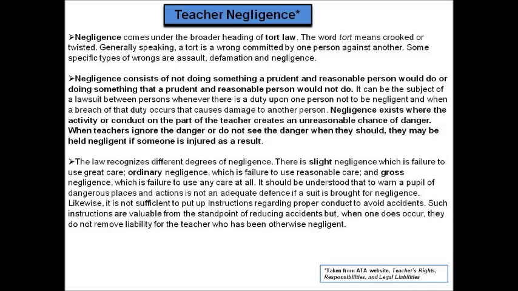It should be understood that to warn a pupil of dangerous places and actions is not an adequate defense if a suit is brought for negligence. All right? So if you say that place is dangerous or this action's dangerous and that's all you say about it, and then something happens, it's not good enough. In law, you can't say, well, I told them it was dangerous. I mean, what else should you do?